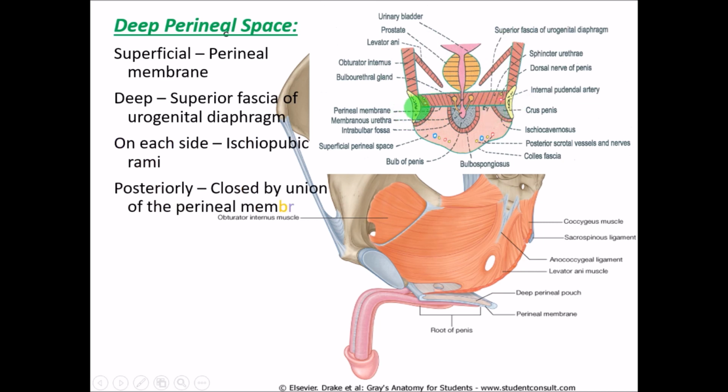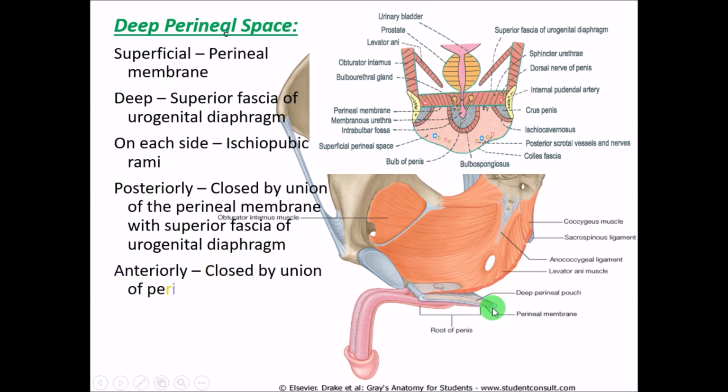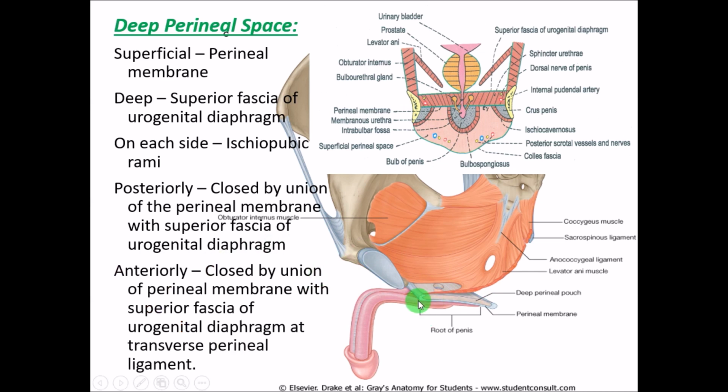Then posteriorly, it is closed by the union of the perineal membrane with the superior fascia of the urogenital diaphragm. The superior fascia and the inferior fascia of the urogenital diaphragm both join. Okay, so it is closed behind as well as anteriorly, by the joining of the superior fascia with the inferior fascia, which is also called the perineal membrane.